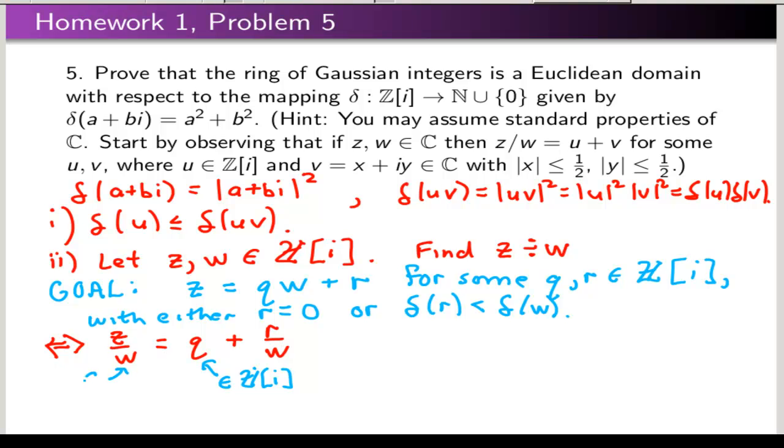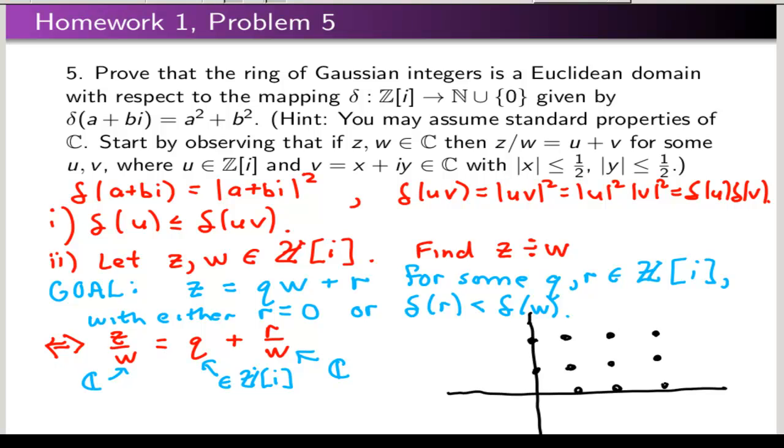So this is some complex number here, and this is some complex number here. So if I draw the complex number plane, and then you think to yourself, aha, there's the Gaussian integers that are just points like this in the complex number plane. Okay, so that's what Z[i] looks like, these discrete points.